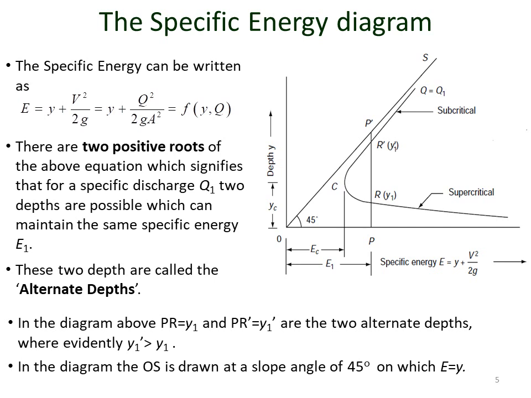These two flow depths are known as alternate depths of flow. So evidently here the flow depth PR prime is much greater than the flow depth given by PR.